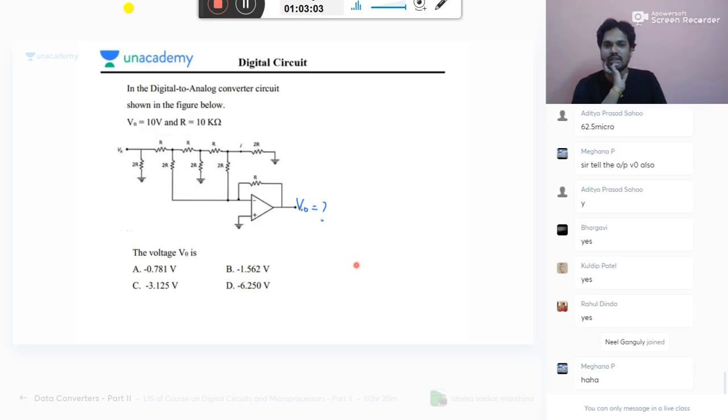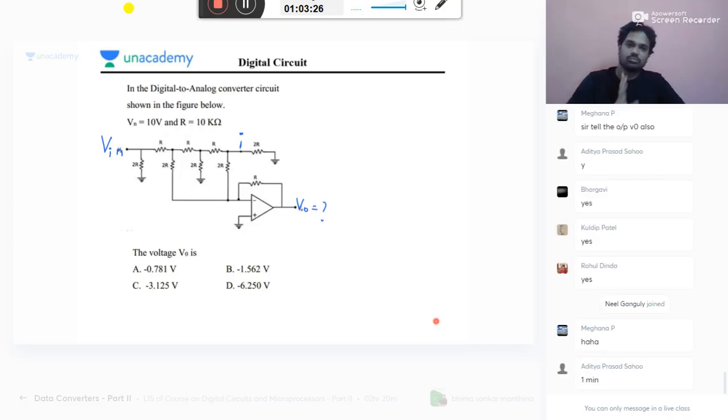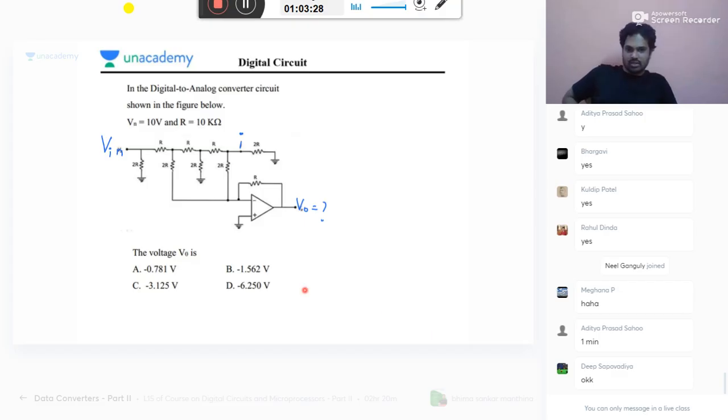Two questions like this were given in one of the GATE papers for 4 marks. So get ready guys. Shall we start the poll, or do you wait? Shall I wait for 1 minute or something? You do the calculation. Find V0.